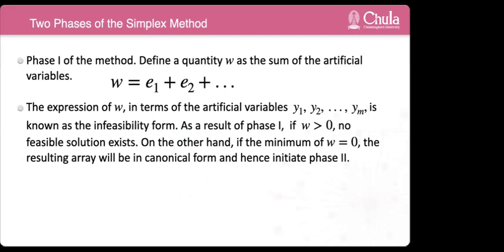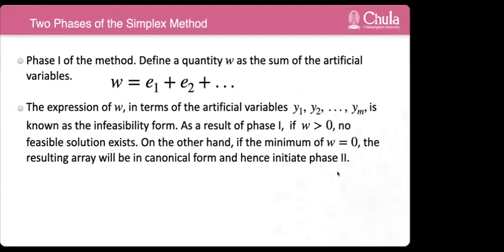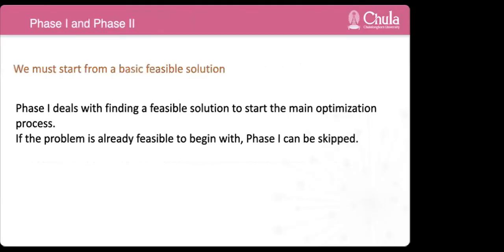The first phase is we sum up all E1 plus E2 plus E3, any auxiliary variables we introduce, into W. In the first phase, we find the solution where W is 0, because in order to satisfy all these equations, the summation of all auxiliary variables must be 0.